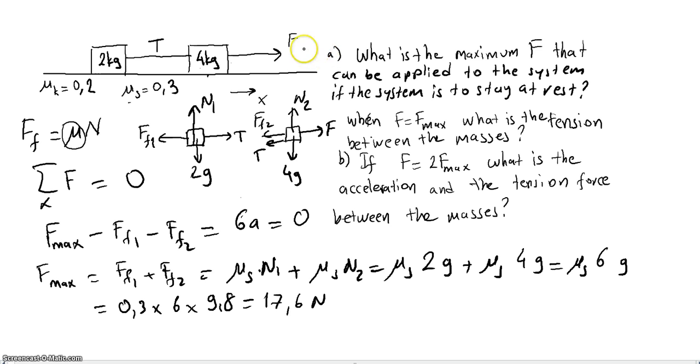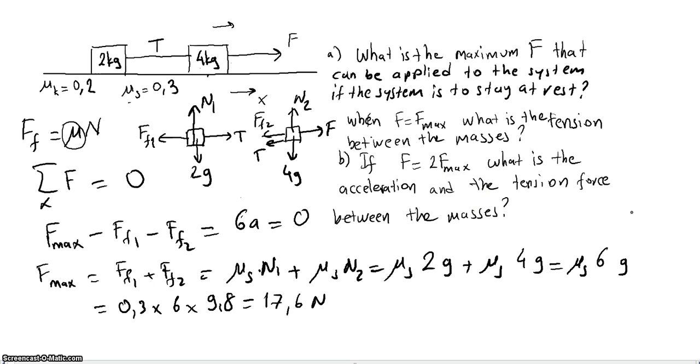But if the external force is larger than 17.6 newtons, then it will be larger than the static frictional force, and the system will start to move toward the right with a certain acceleration.